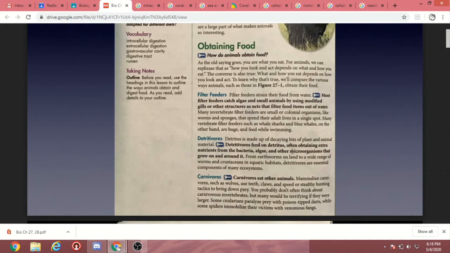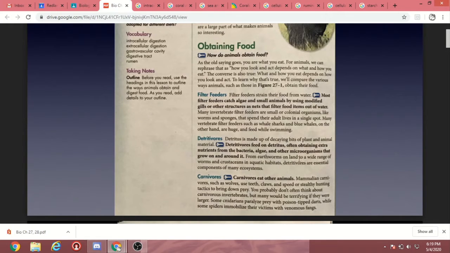And so they're going to get extra nutrients from bacteria, algae, and other microorganisms that grow on or around it as well. But the idea is that detritivores, like earthworms, feed on detritus by breaking down those decaying bits of plant and animal material.